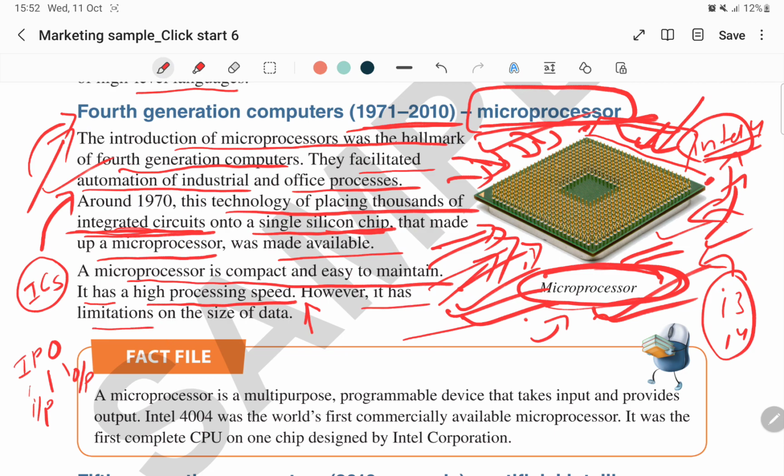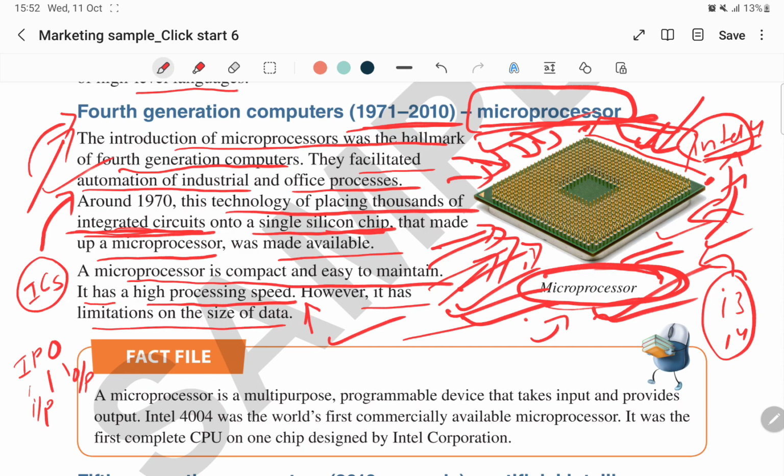However, it also has limitations on the size of data, that is, how much data it can handle. There are some scenarios or conditions: is it small data or huge data?